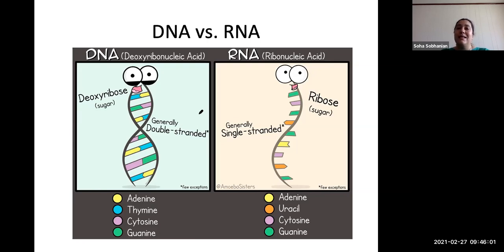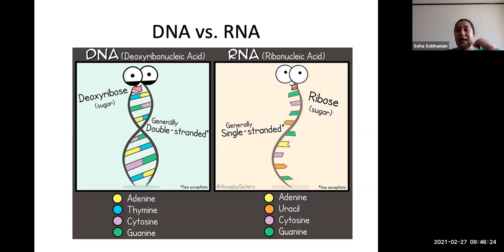The differences, and again, a typical exam question: what are the differences between DNA and RNA? I really like this picture because it highlights some of the main differences. First of all, DNA is two strands connected, so it forms that beautiful double helix that we have.